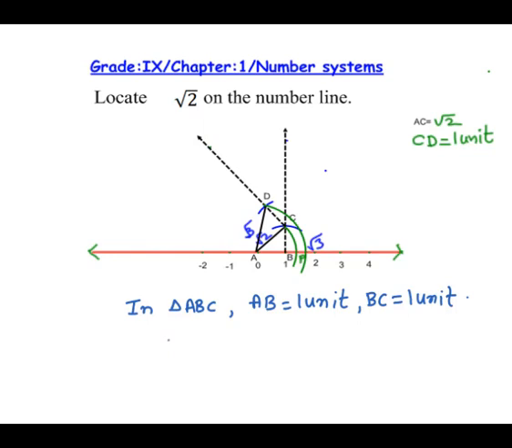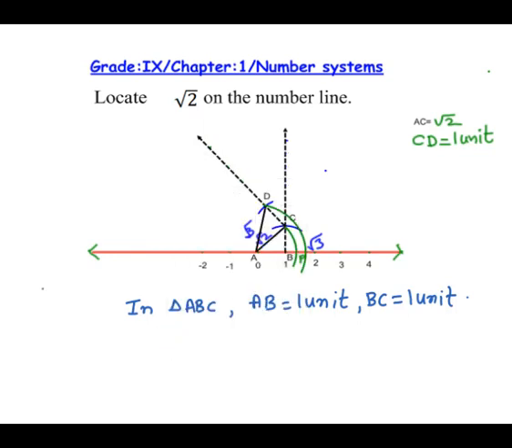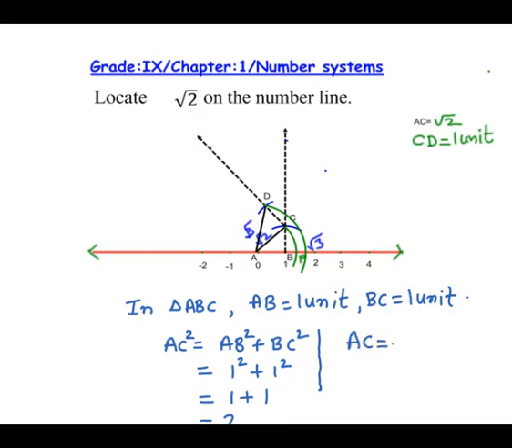What is the Pythagoras theorem? Square of hypotenuse is equal to the sum of the squares of the other two sides. What is the hypotenuse in right angle triangle ABC? AC is the hypotenuse. So AC square equals AB square plus BC square. That is 1 square plus 1 square, 1 plus 1, it is 2. Therefore, AC square is 2, then AC equals root 2 units.